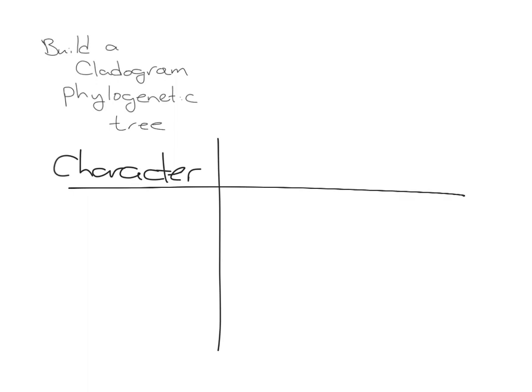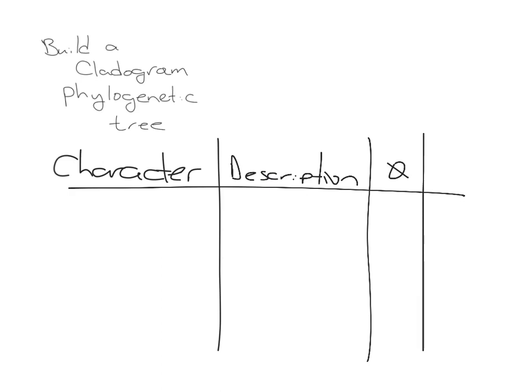Okay, so we have a character, we have a description of the character, and then we have a state. Either it's 0, it's 1, or 2. So they give you a possibility of having 3 states. So it's not just on or off, maybe it's in between, right? So there you have it. That's what they gave you.